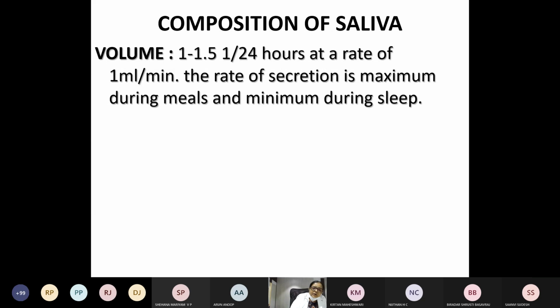We'll come to the composition of saliva. Volume is 1 to 1.5 liters per 24 hours, at a rate of 1 ml per minute. The rate of secretion is maximum during meals and minimum during sleep.